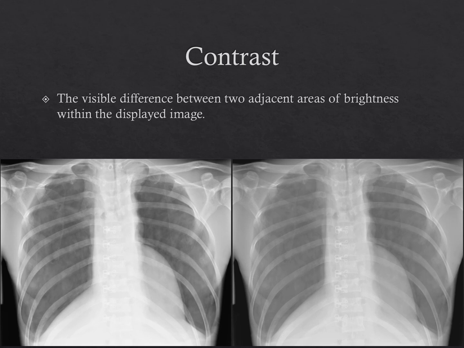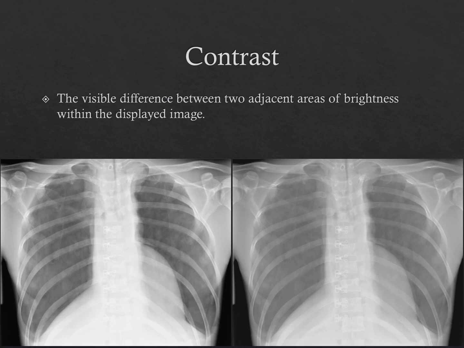I have made this image on the right lower contrast, meaning I have very subtle differences in gray values visible to me, whereas over here in the image on the left, the differences are not as subtle. I see blacks, I see whites, and I see some grays.